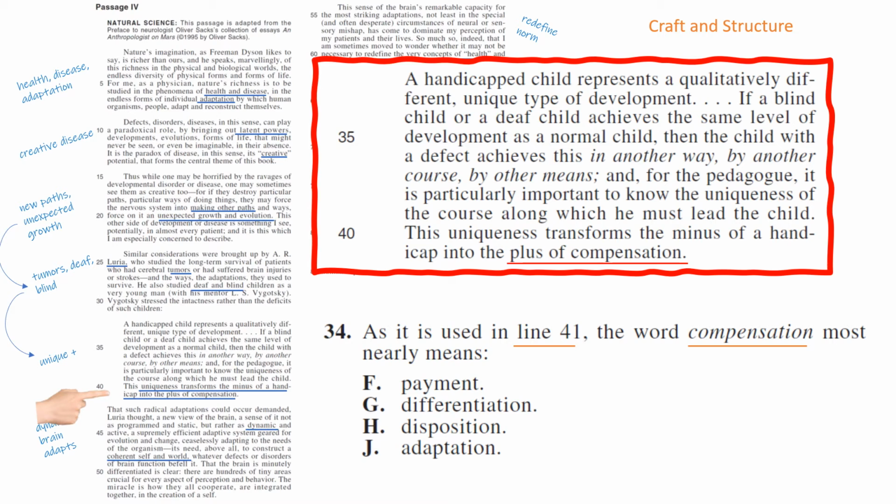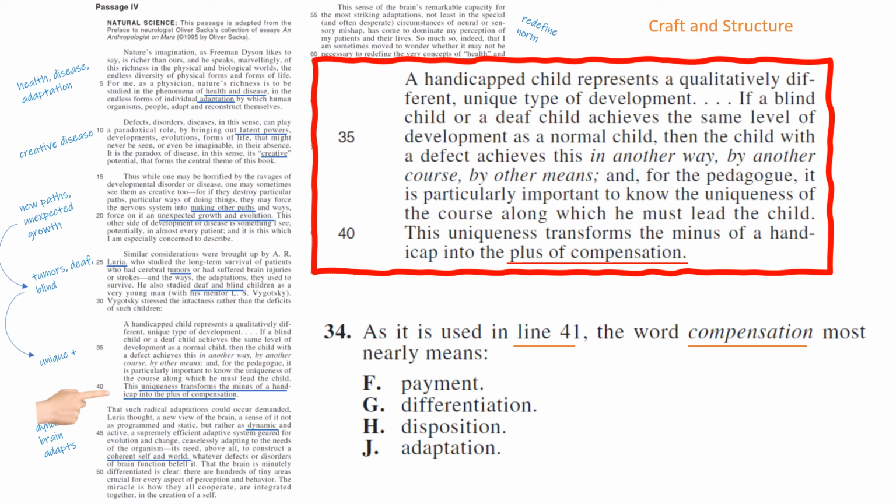Number 34, as it is used in line 41, the word compensation most nearly means... This uniqueness transforms the minus of a handicap into the plus of compensation. And we can see my Google summary says unique plus. Yours might have been similar. So that means that you're taking what might be a difficult situation and turning it into something positive through adaptation. You've got to think about what the others mean. That's how you solve these questions.